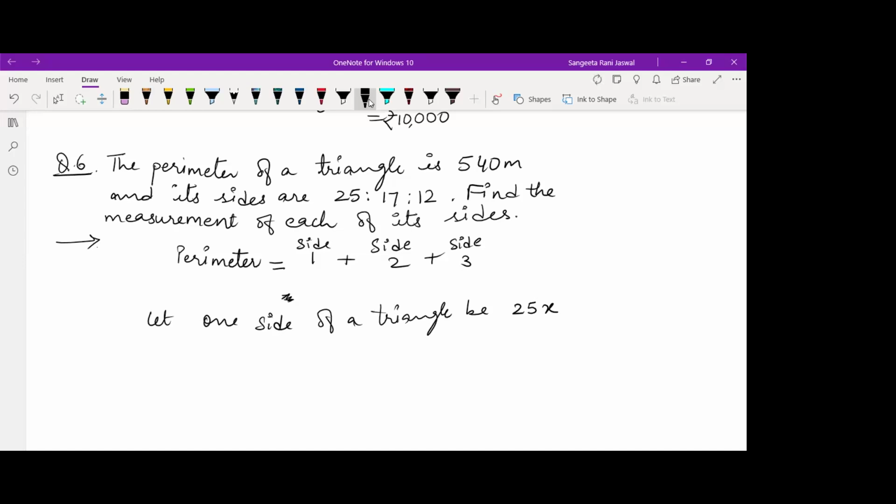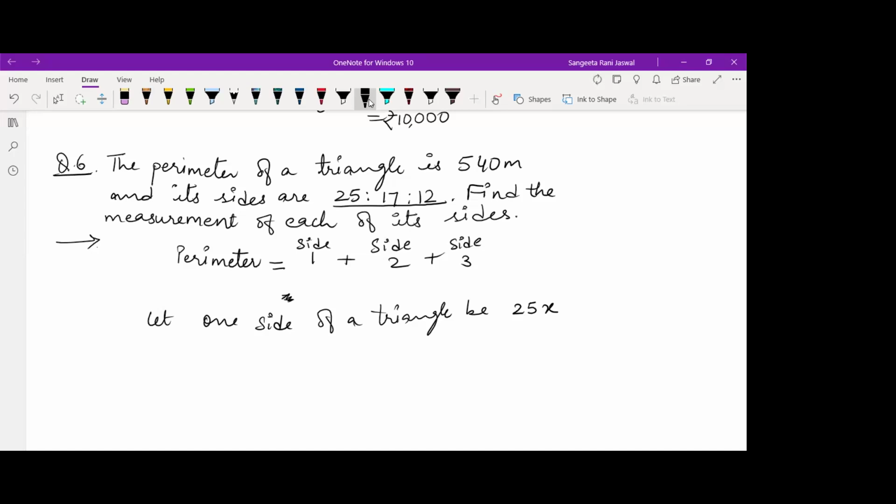We are just taking it. That means ratio multiplied by some number will give us the exact length. You agree to that? The ratio multiplied with some number x. We have to find this x now. What is that hidden number? Multiplied with x will give us the exact side of the triangle. So let one side of the triangle be 25x.